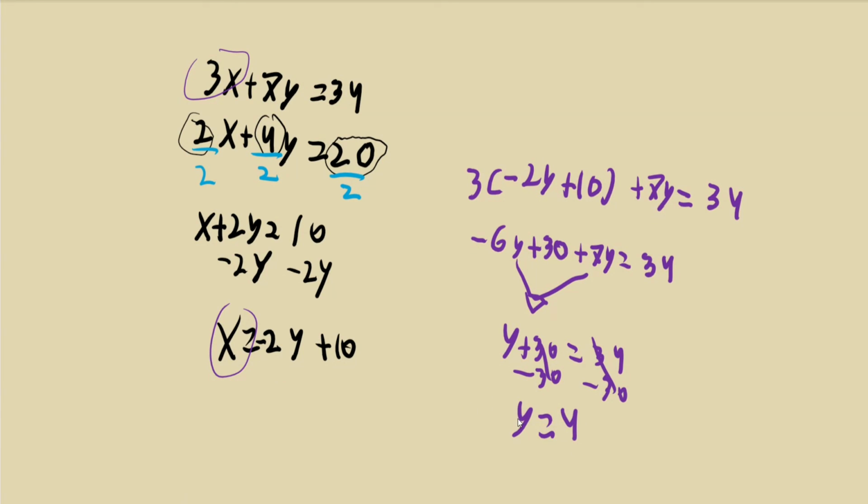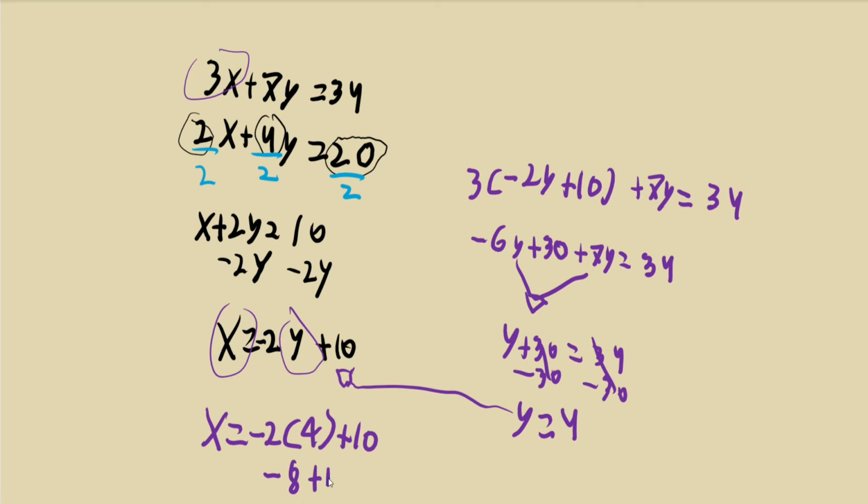So now we can substitute the y in this equation and put it in this equation to solve for x. So x is equal to negative 2 times 4, plus 10. So now negative 2 times 4 is negative 8, plus 10 is equal to x.